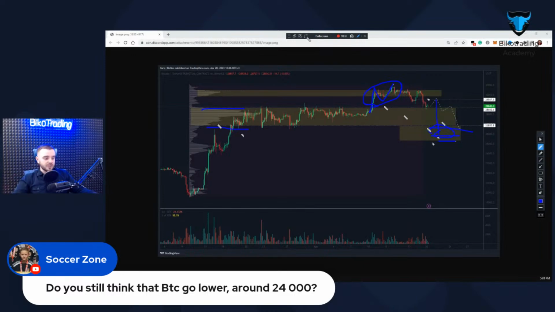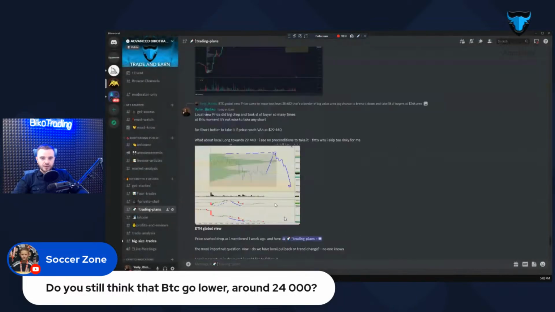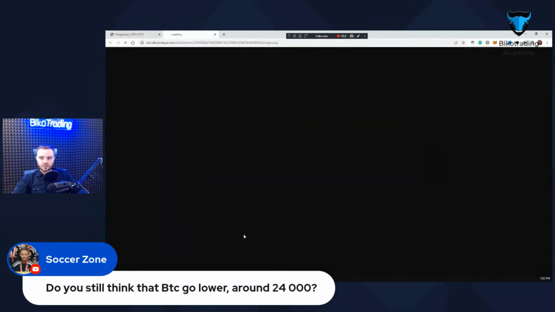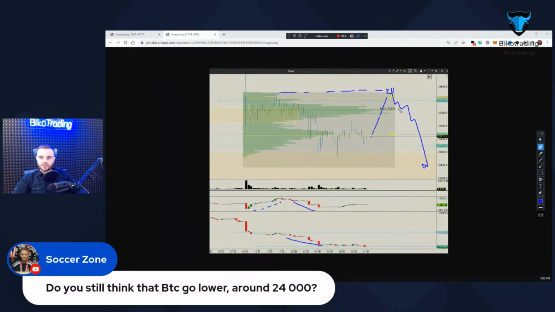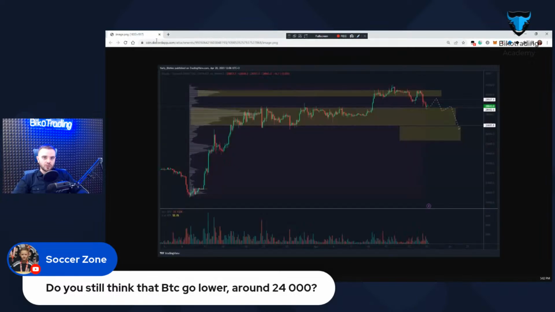But at this moment, it's not the best place to take a trade because at any time there could be a stop loss hunt and after that the drop. As I shared with our community members in the morning, if Bitcoin makes a fake out of value area high, I will take a short. Only in that case.